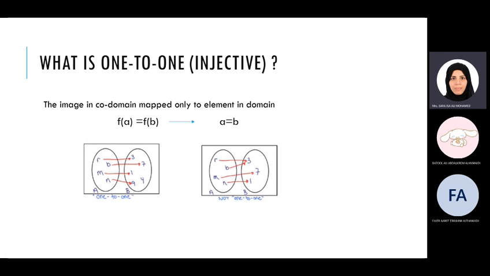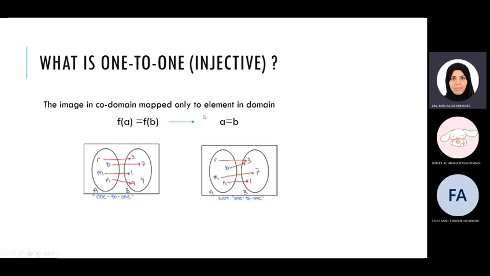So this is a function that can be described as a one-to-one function. If you look at this drawing, it also represents a function. Why a function? Because every element in the domain has an image: every element R, B, M, and N. But if you look at the codomain side, you will see that the number 3 is mapped to two elements. 3 is an image of R, and 3 is also an image of B. So this is not one-to-one.